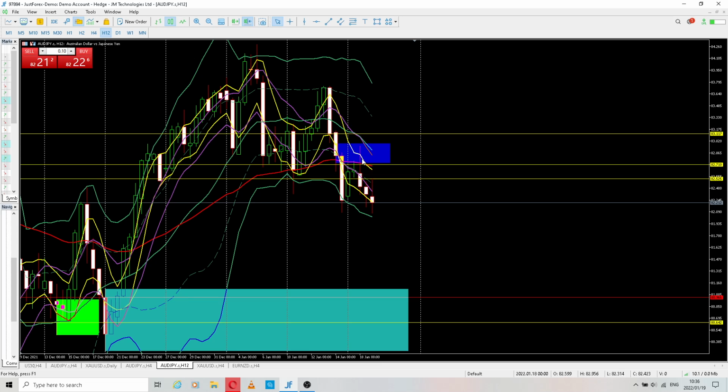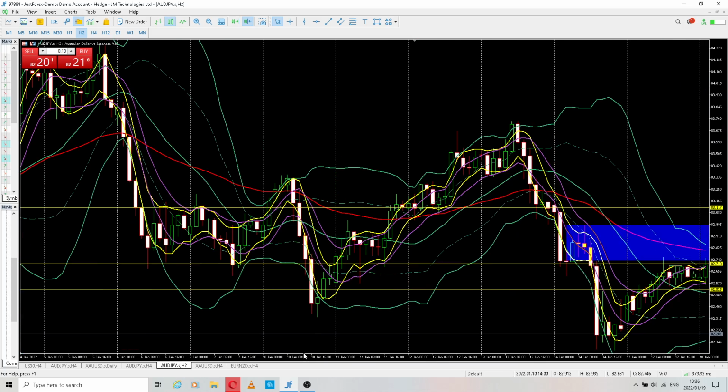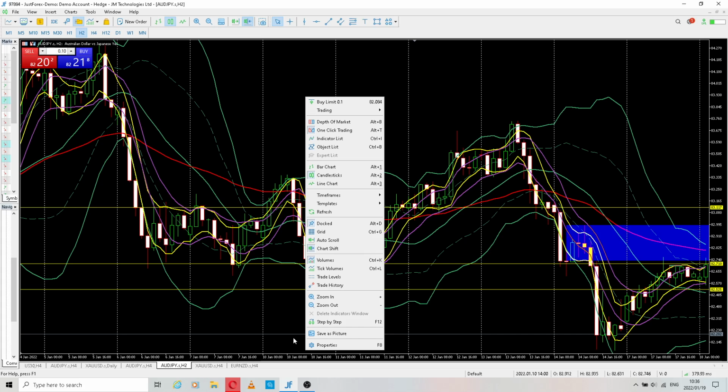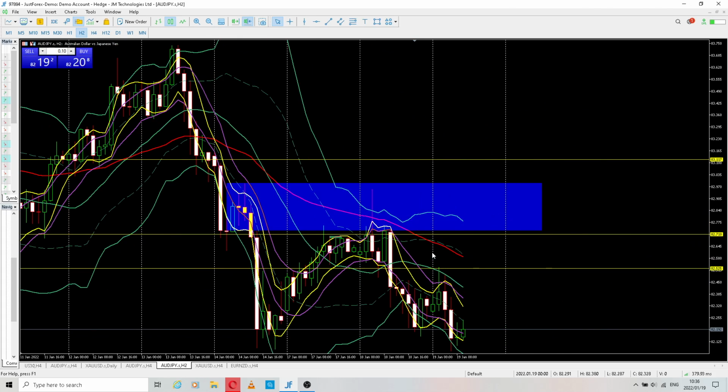So what I like to do is, if I see an extreme in this zone, because it's H12, on H2 you see an extreme. Once you see an extreme in H2, like here, this is an extreme on H2.